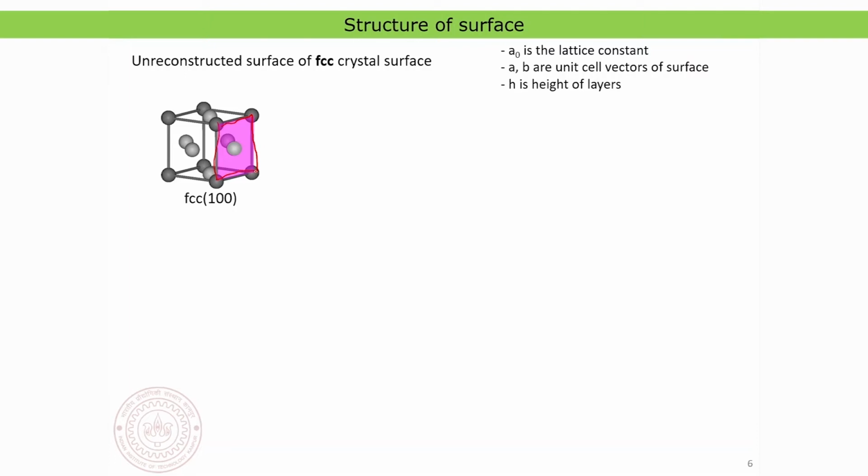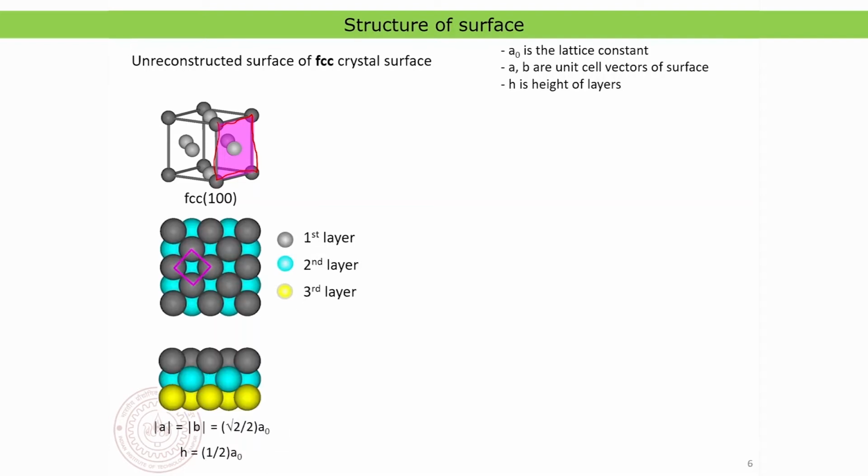As you see here, this is the face plane of the bulk unit cell. If I view the surface from the top, this is the top view, and what you notice is that the atoms on the surface are arranged in the corners of a square.